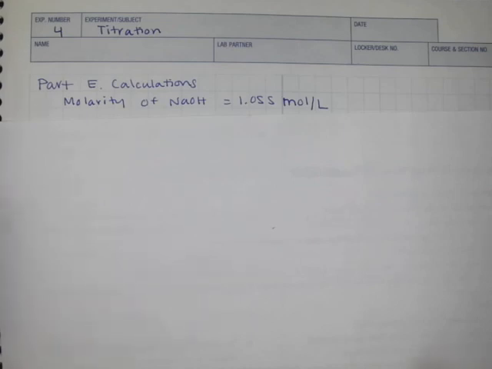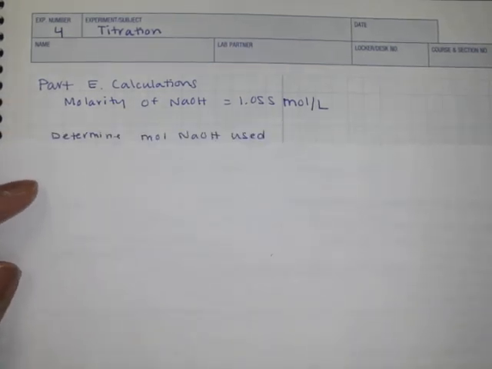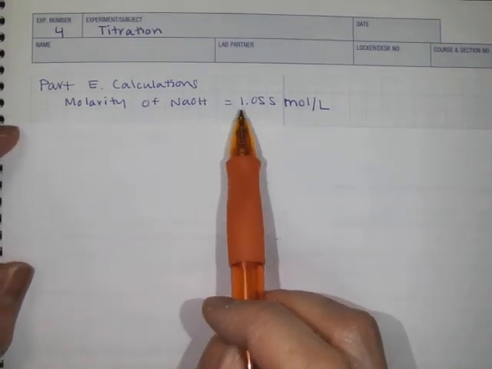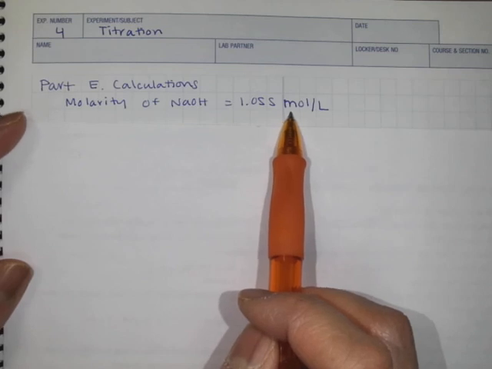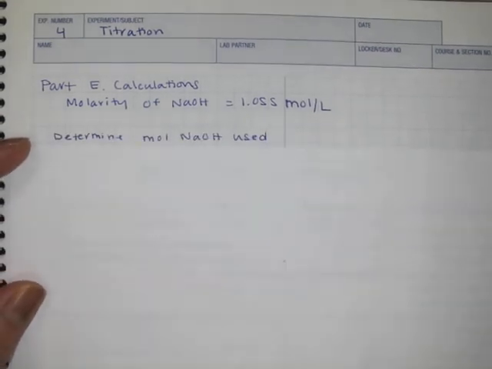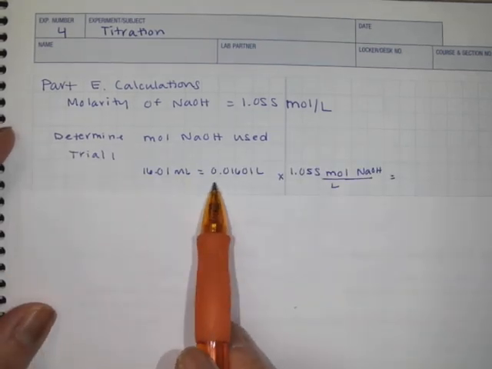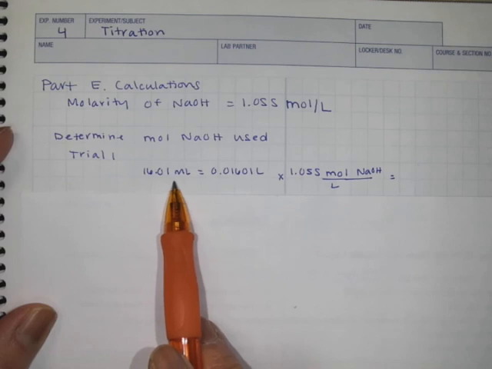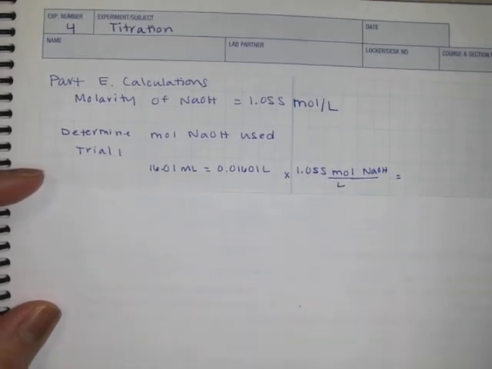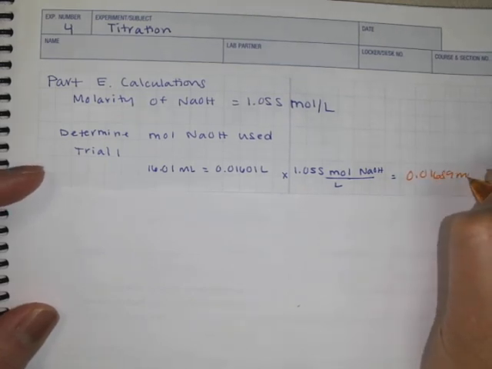Sorry about that, jumped the gun there. For part E, to determine the calculations for the HCl, you want to use the molarity of sodium hydroxide, which we just determined was 1.055 moles per liter. To get to the moles of HCl, you want to determine how much NaOH you used. For trial 1, I had 16.01 mL times this concentration, which is 0.01689 moles.